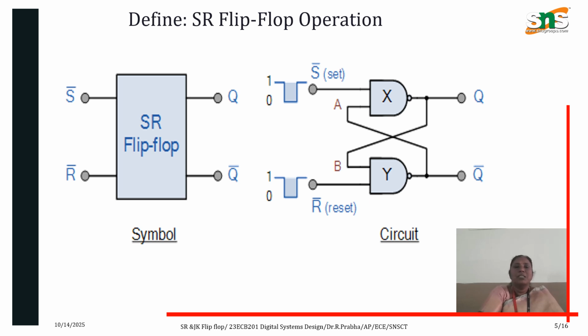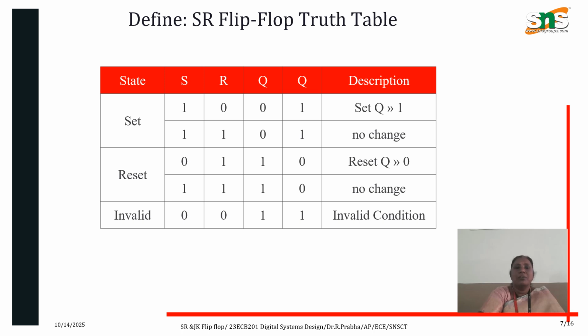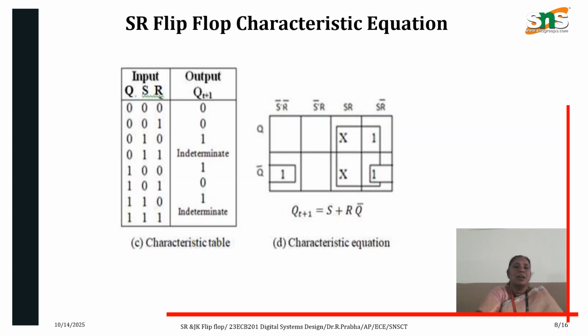When the set input is 1 and 0, the output Q is 0, and when the inputs are again 1 and 1, there is no change. And when the reset input is 1, the system is reset, that is Q is equal to 1, output Q bar is equal to 0. And again 1 1 makes no change. And when both are 0, it goes to an invalid state, and this is the drawback of SR flip-flop.